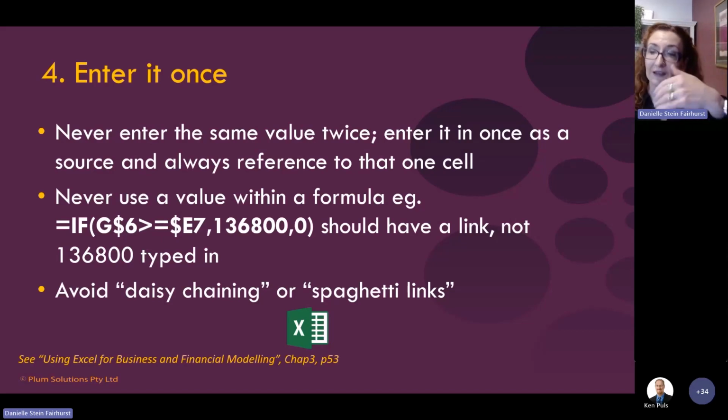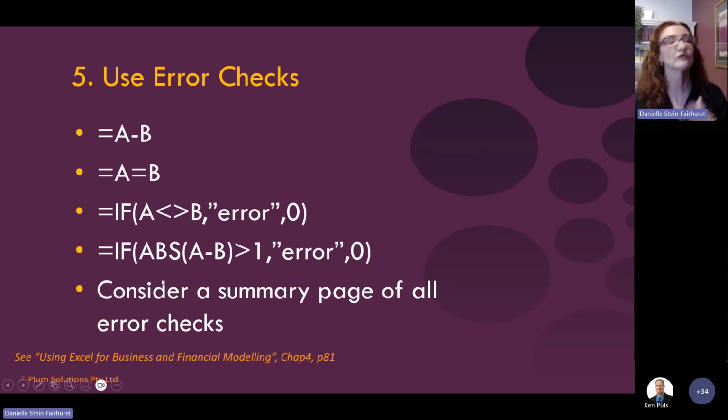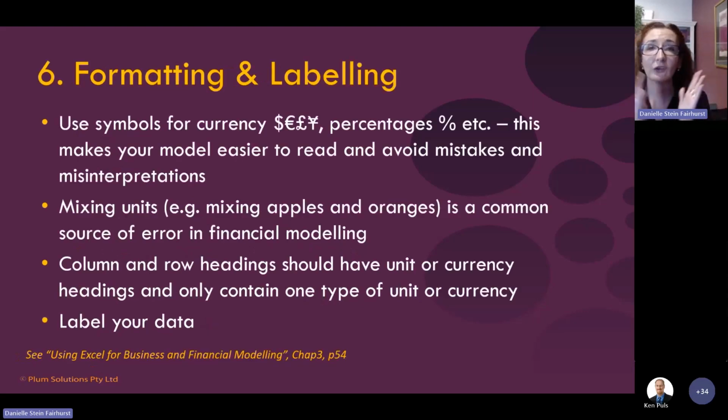So, linking to a link as you go through. And lastly, error checks, which we've talked quite a lot about. Always think of opportunities to put error checks into your model. We've looked already at a couple of different ways of doing it. And lastly, always using formatting and labeling.